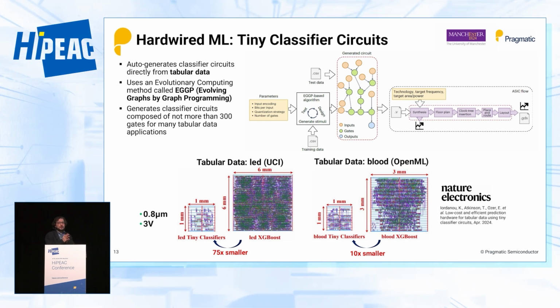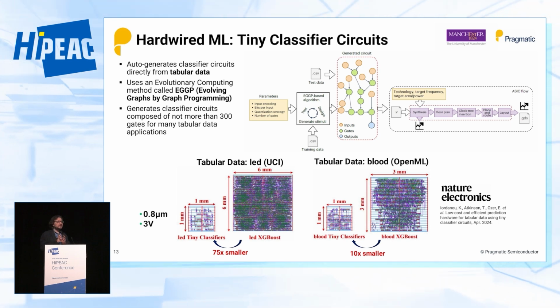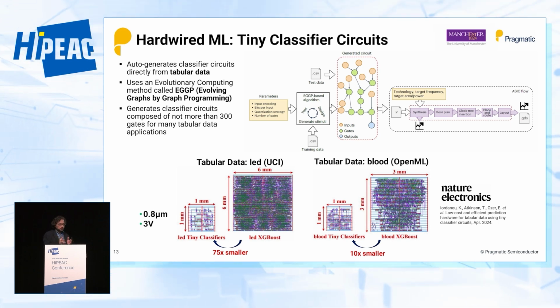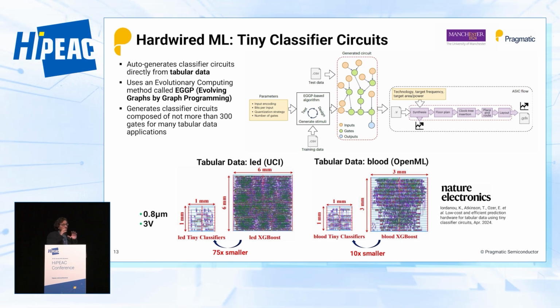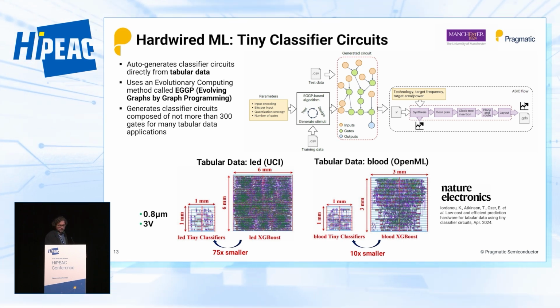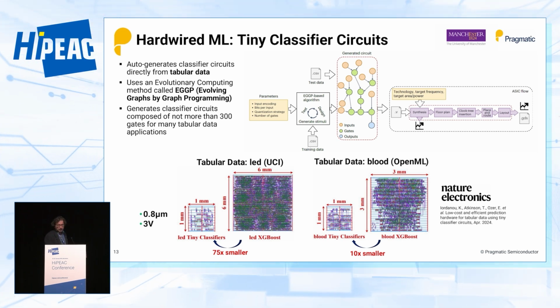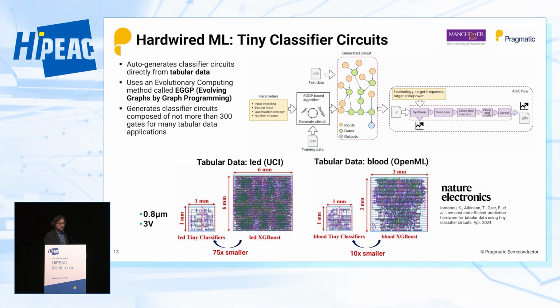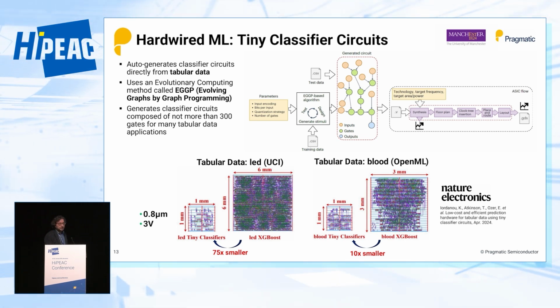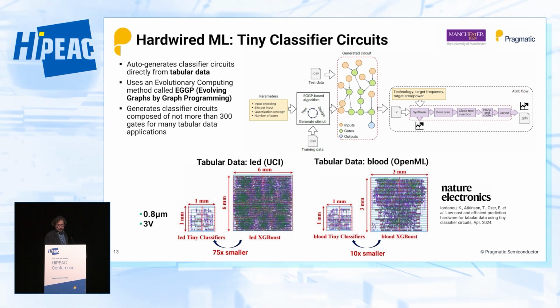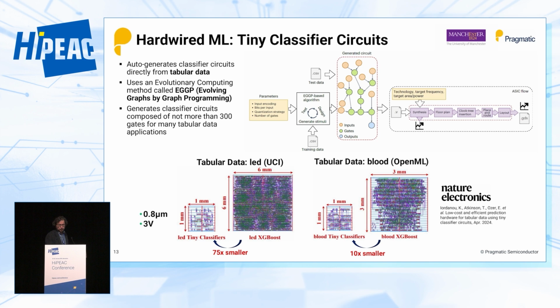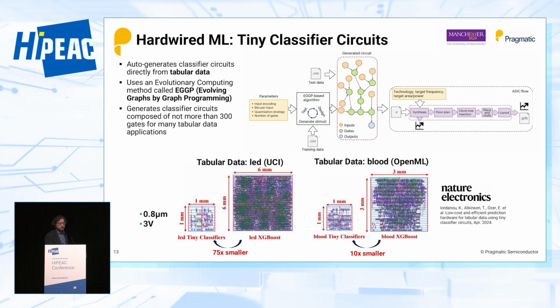To get a baseline, for the same data set, we used a conventional ML algorithm like XGBoost, and built a chip, again using the FlexIC, so you can see the comparison. It's a dramatic improvement using the tiny classifier circuit. For this example, it's only 10x power and area improvement, but for that data set, it was like 75%.